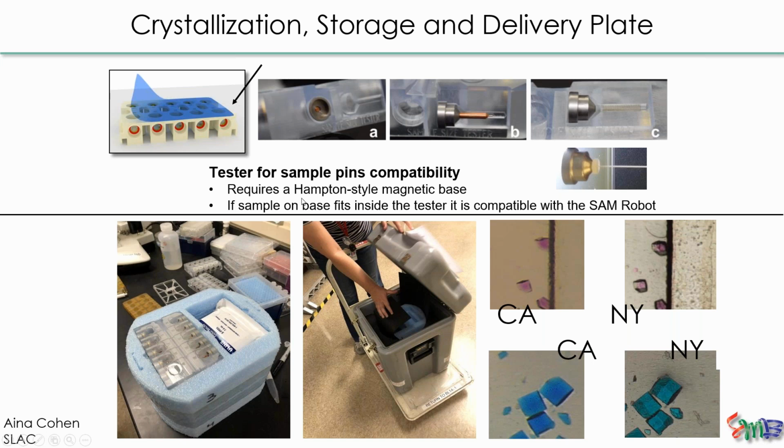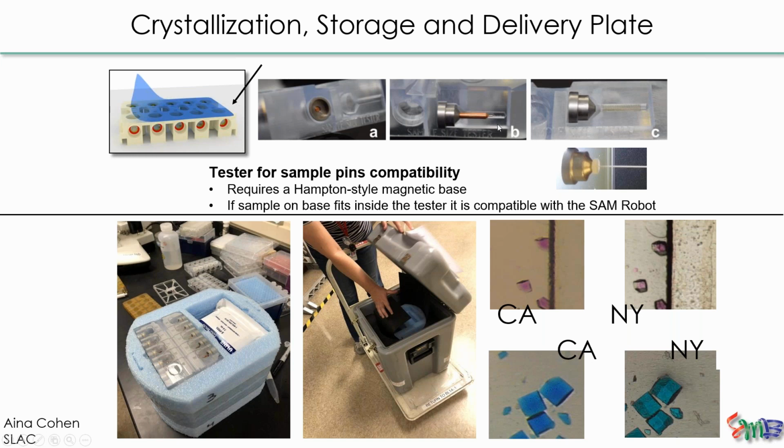So it really requires a Hampton-style magnetic base. If the sample base fits in this little tester that's shown in Figure B, then it will fit within the plate. And so in this situation, we can set up crystallization, a variety of different conditions. We can store these plates. We can have them humidity controlled.